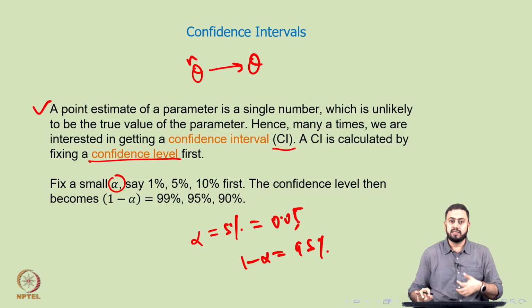So 1%, 5%, 10% is the alpha number, and if you do 1 minus that number, that becomes my confidence level. Hence you must have seen people saying that they are interested in constructing a 95% CI or 90% CI, etc.